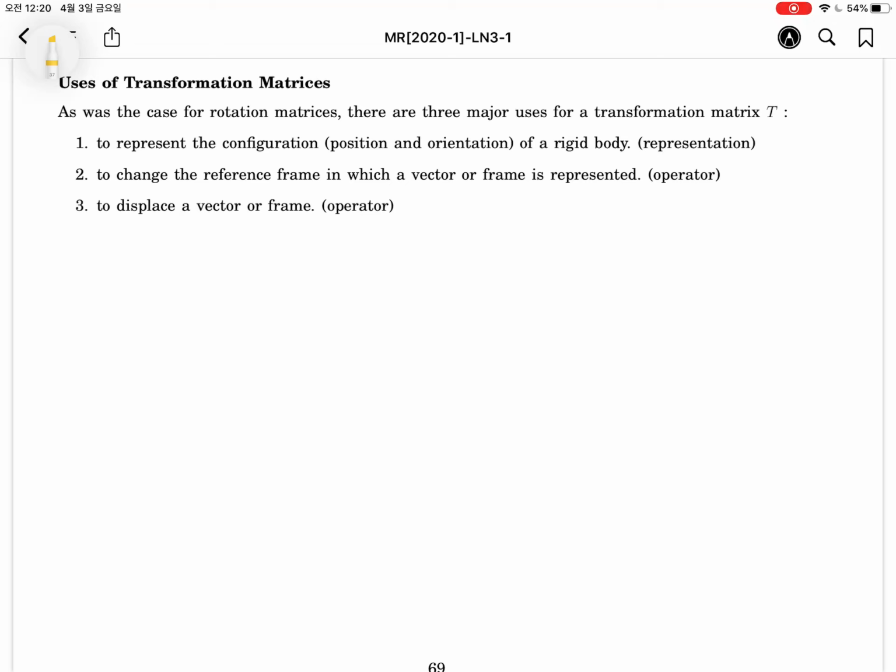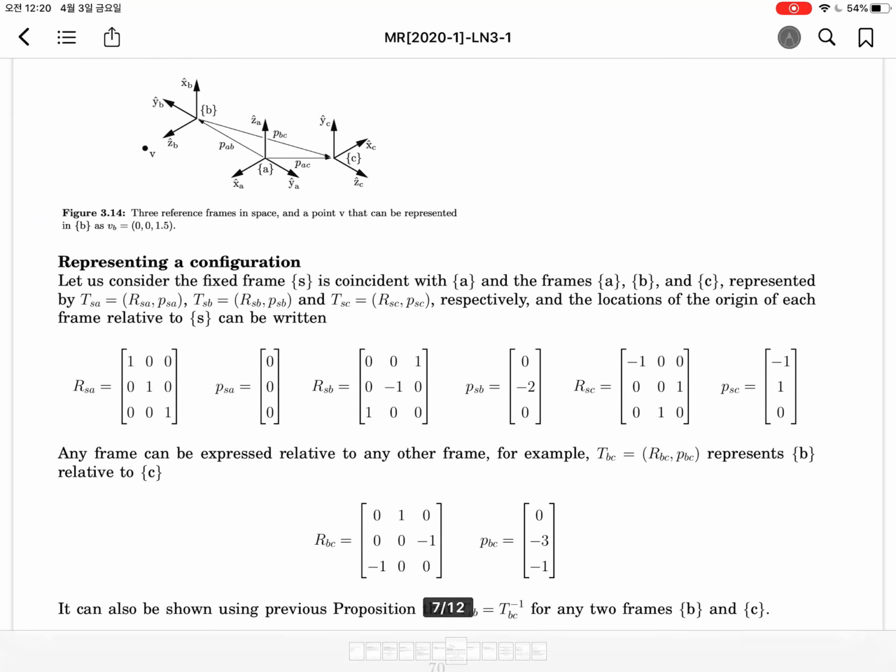Similar to the orientation matrix property, the transformation matrix can be used to represent the configuration. On the other hand, it can be used to change the reference frame or to displace a vector or frame as an operator. Okay, the homogeneous transformation can be used to represent the configuration as mentioned before.